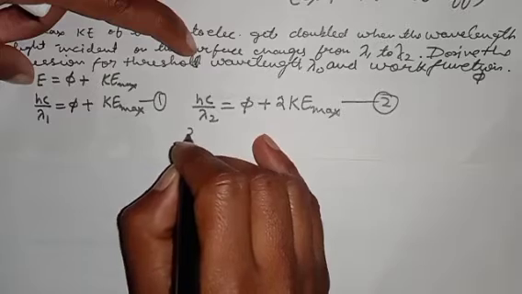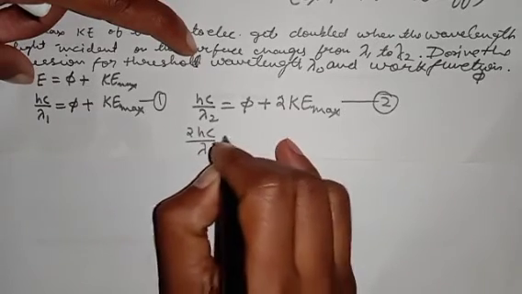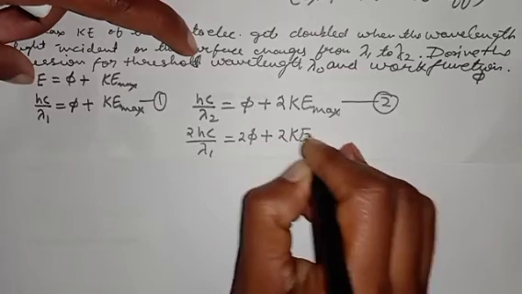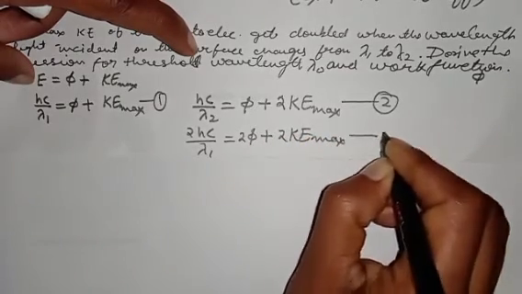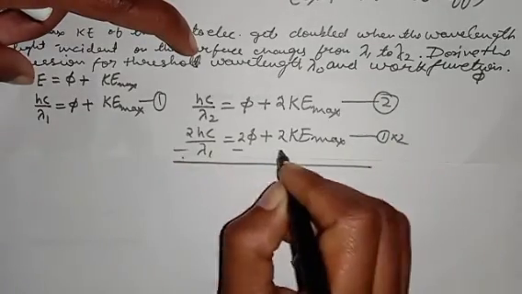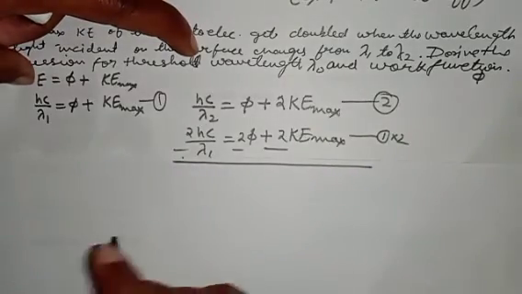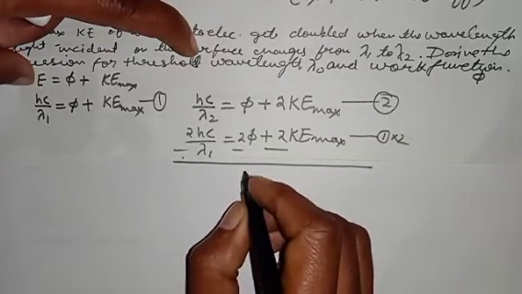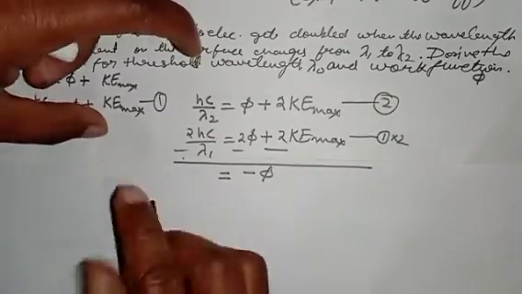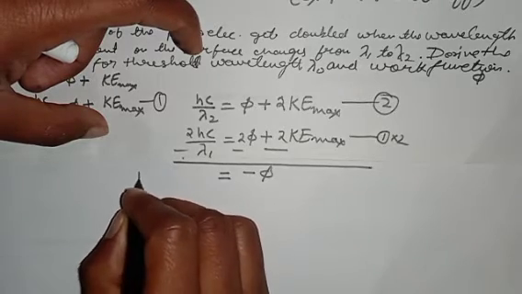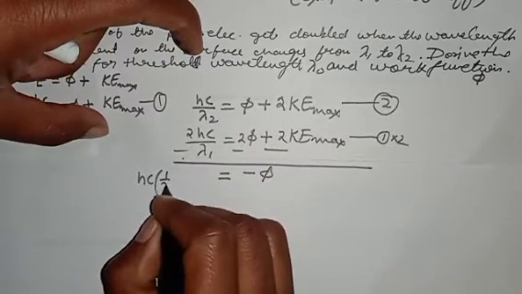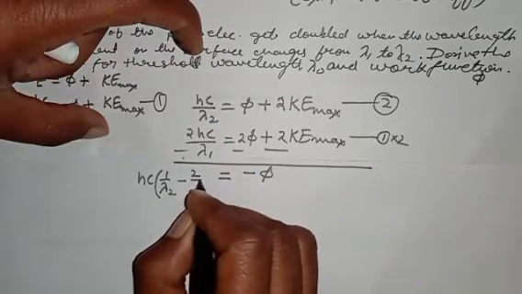Then 2hc by lambda 1 is equal to 2 phi plus 2 KE max. If we subtract them, the kinetic energy term will get cancelled. There will be minus phi, which is not a big issue for us, and here hc is common, 1 by lambda 2 minus 2 by lambda 1.